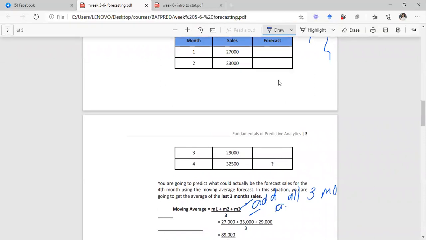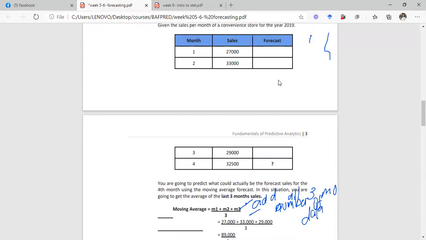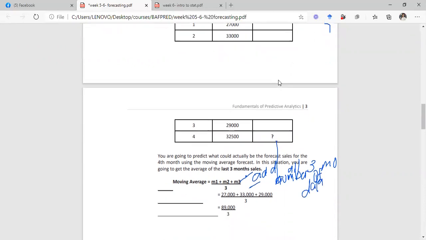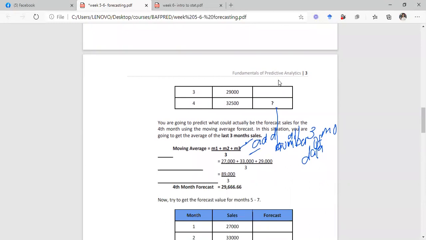So the number of data, it is a constant value, not the actual data. The value here is constant since we only compute 3 months.